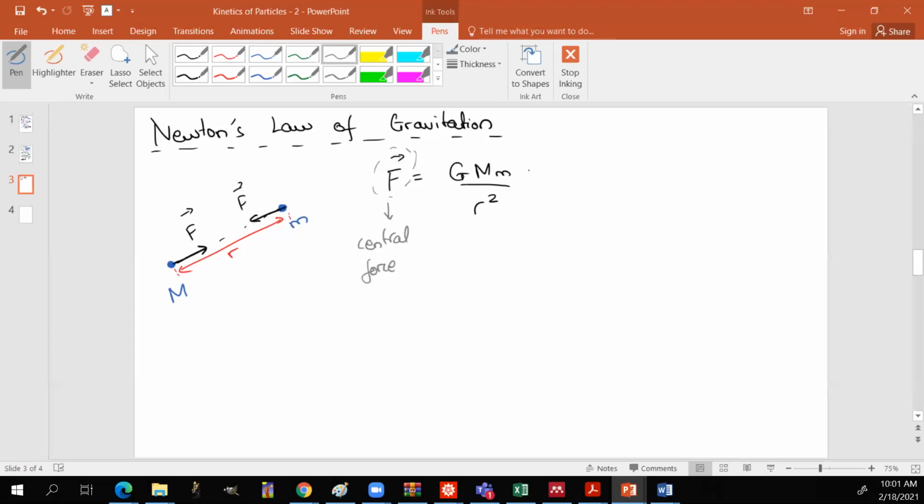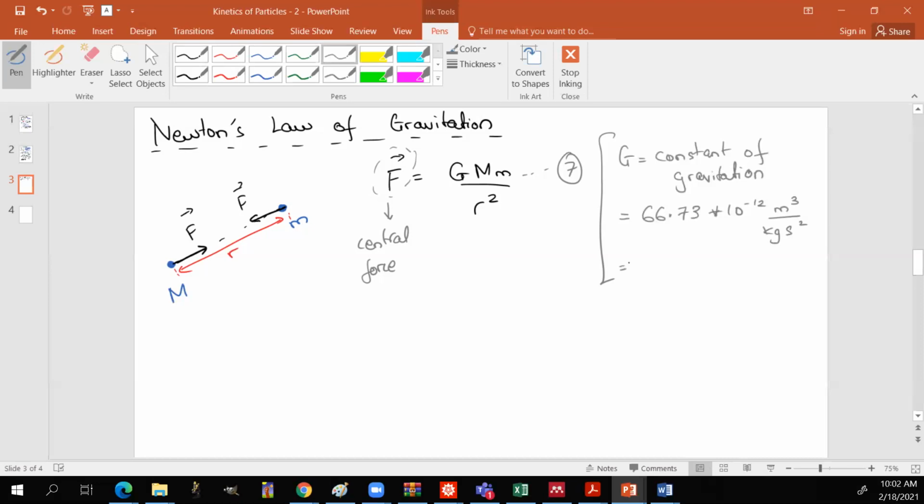So in this expression here, this capital G is what's known as the constant of gravitation, which is equal to 66.73 times 10 to the minus 12 meter cubed per kilogram second squared.